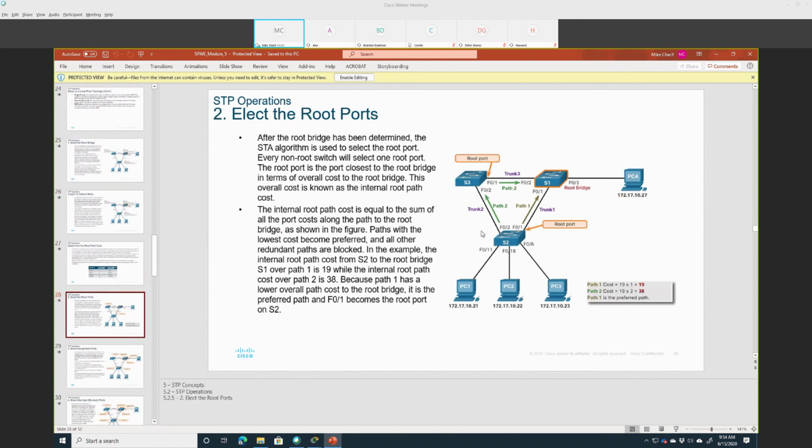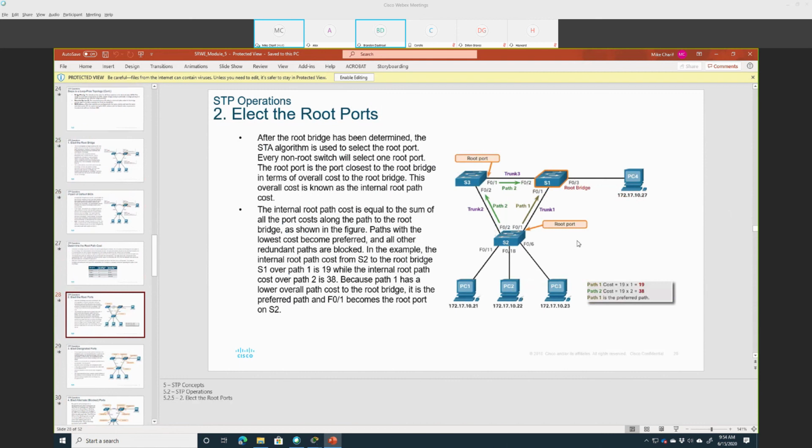Now, if I have this as a gigabit and this as a gigabit, guess what? The port between is going to be the root port. You understand what I'm saying?